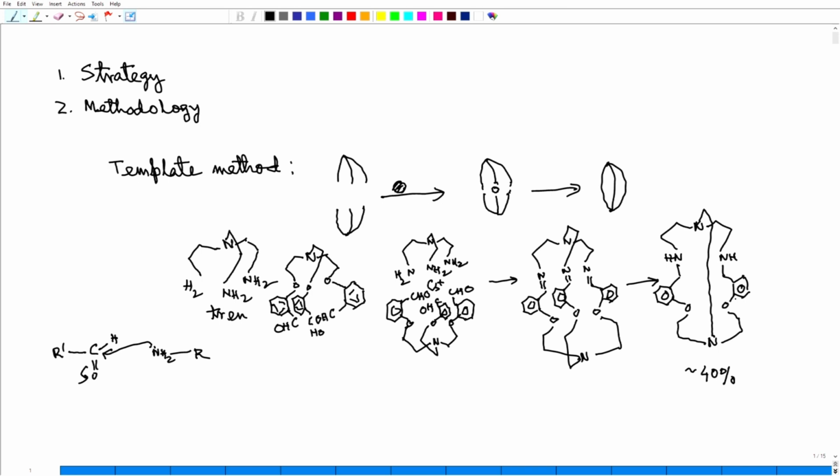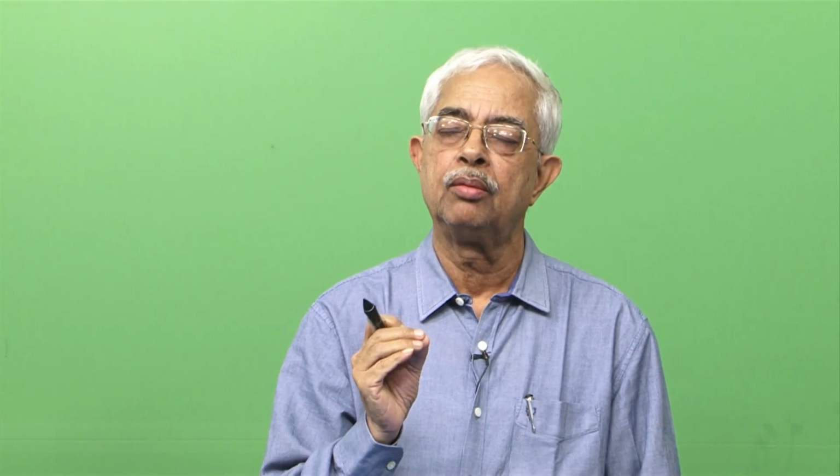You have seen sugar, okay, big particle sugar, single crystals. So, here also you get single crystals, and we did the X-ray structure of that. So, that is the template method. Just remember, when you use the template method, we must choose a metal ion properly.